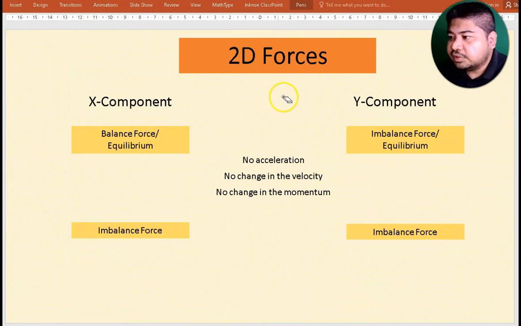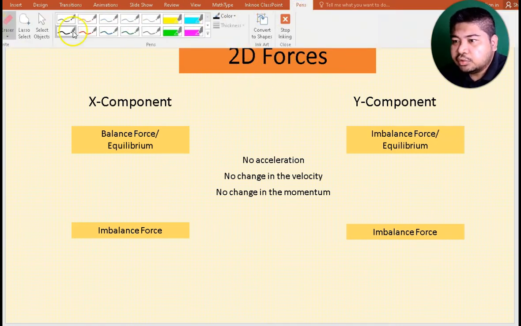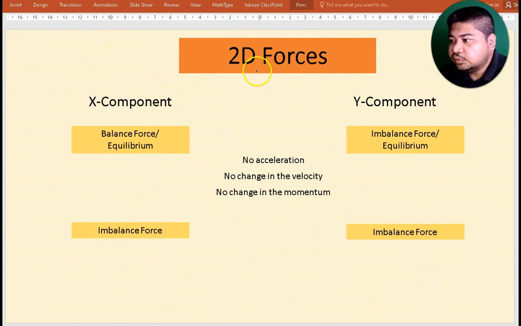For our syllabus, we will only be dealing with 2D forces, which means that you need to resolve vectors. You are going to resolve the forces into x and y components, and then we are going to treat them separately. In the x component, if the forces are in equilibrium, or balanced, it means that when you add all the forces in x, they add up to 0.